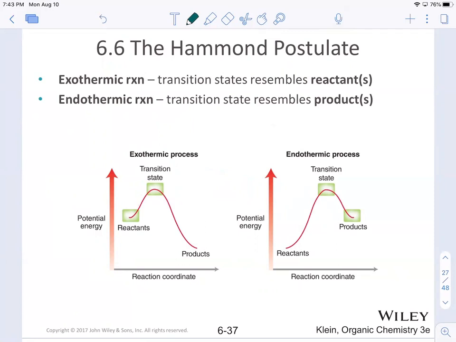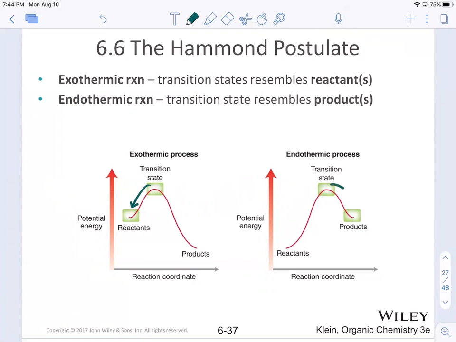If we have an exothermic reaction, the transition state is closer in energy to the reactants. And so therefore, the transition state actually mirrors the state of the reactant. So whatever the shape of the reactants is, technically we can start to think about the behavior of that transition state to be close to the reactants.